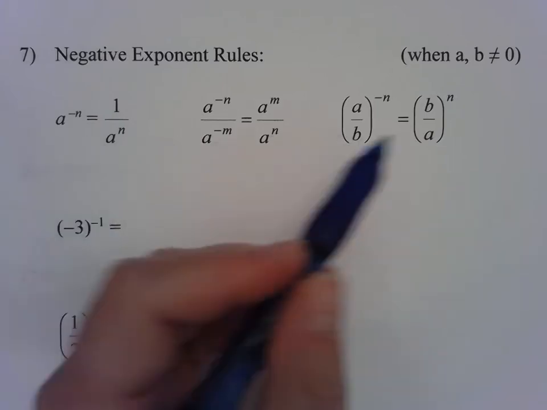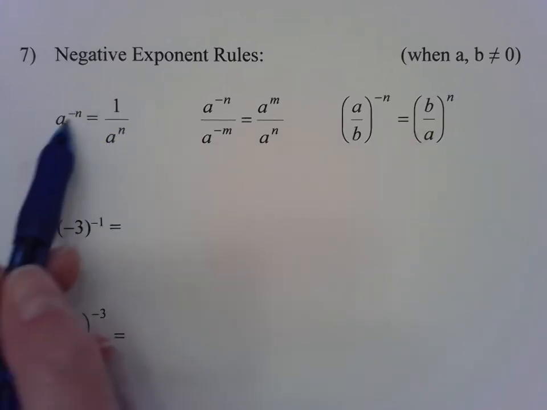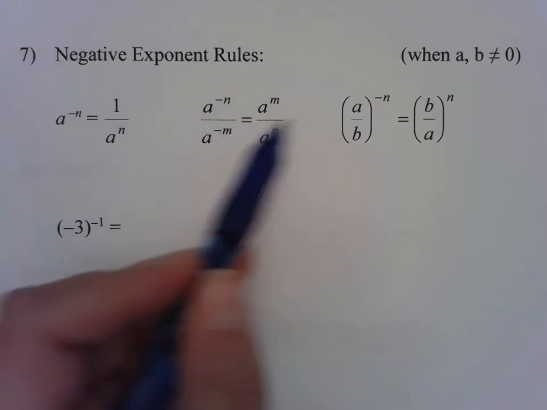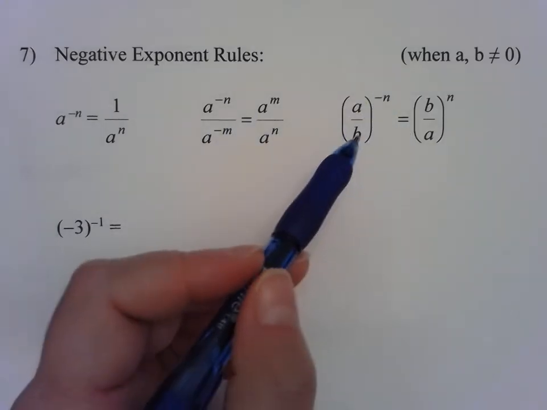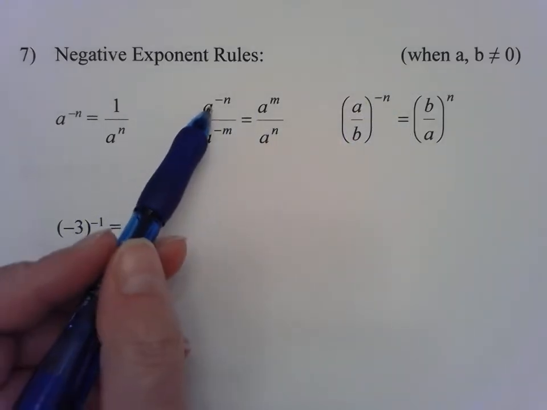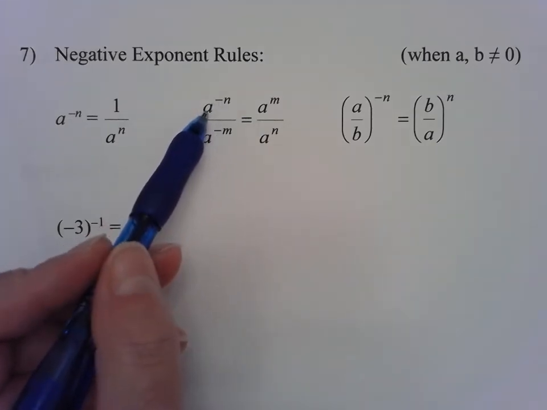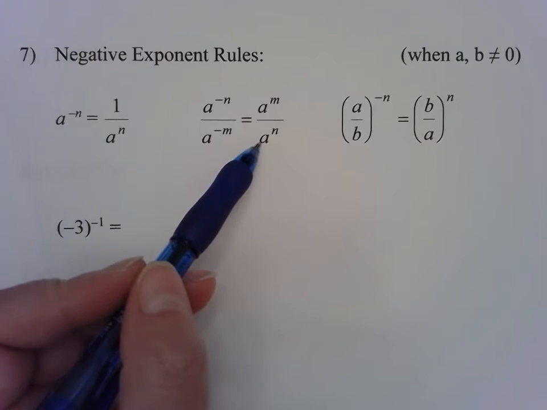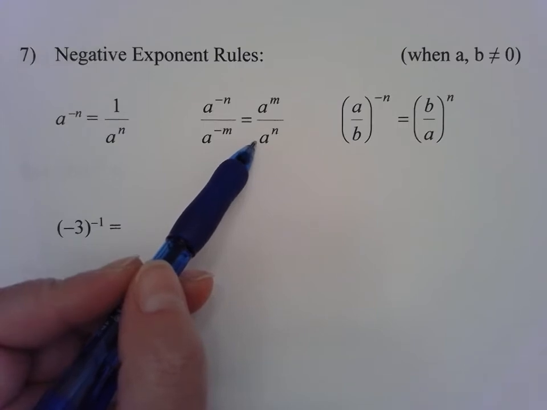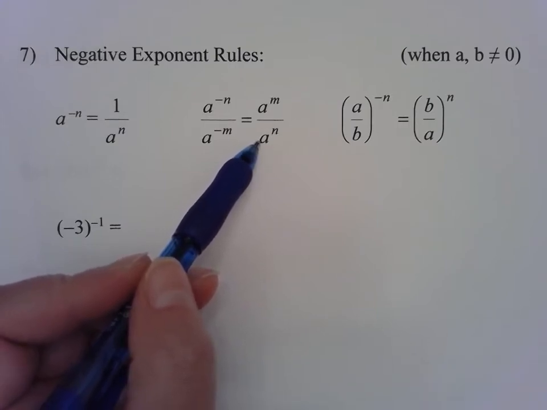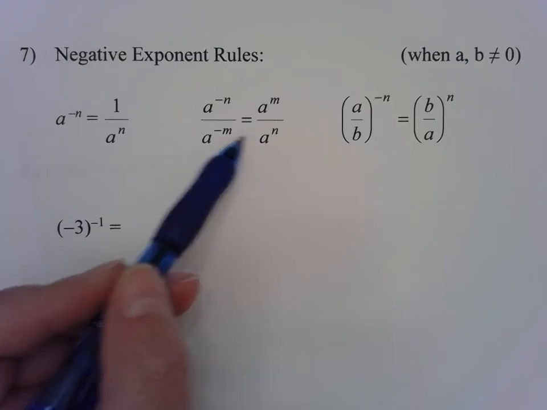This can appear in a lot of different ways, so there are usually 3 separate ways to write this, and these are listed in your book. If I have one in the top of the fraction, then the negative exponent is going to allow it to move down into the bottom. Again, it's related to keep, change, flip. When I do the division, I multiply by the reciprocal and it moves down into the bottom.